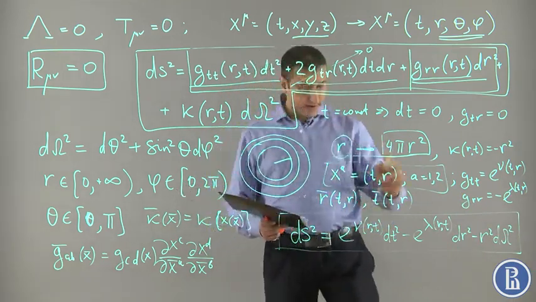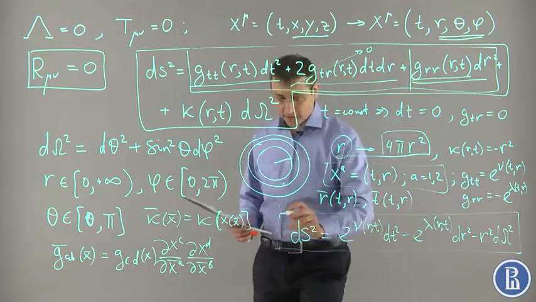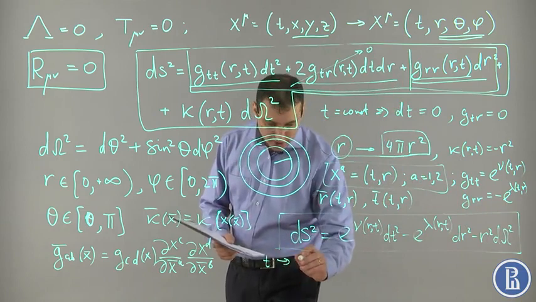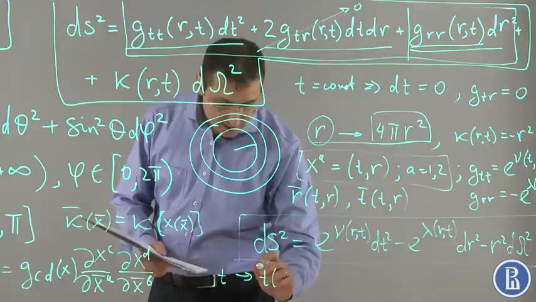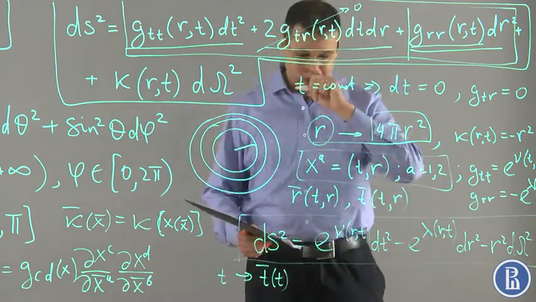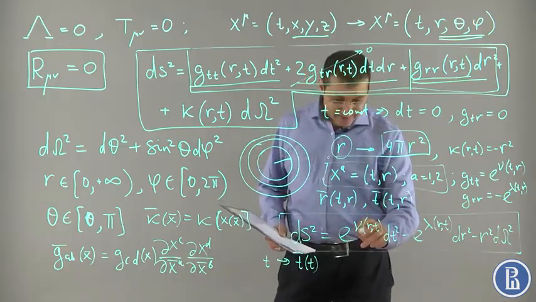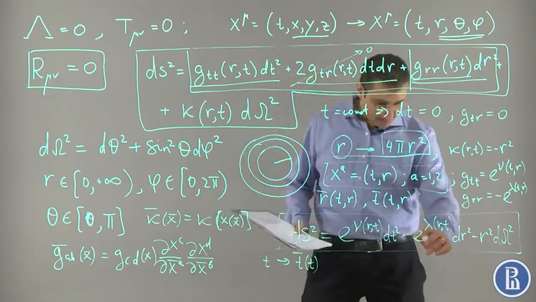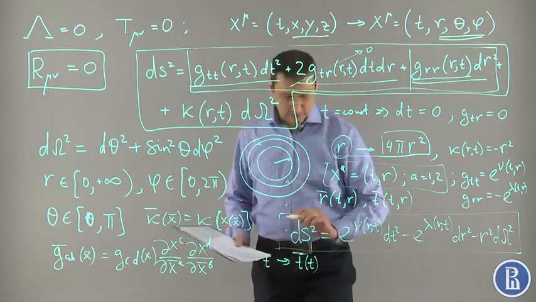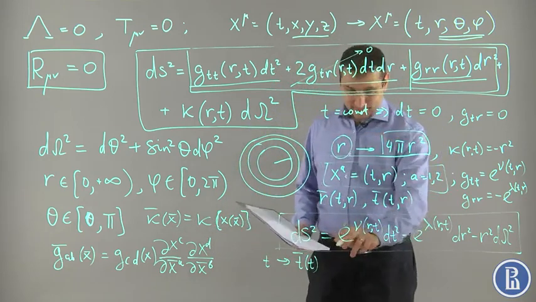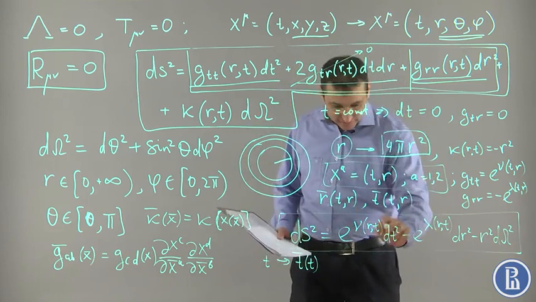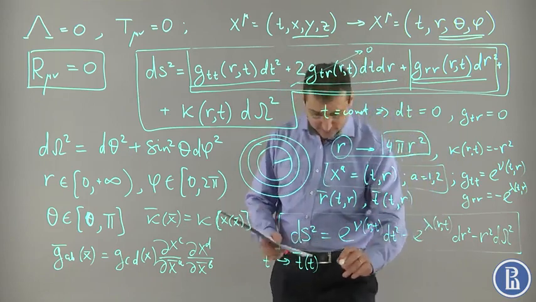But let us stress that this metric is still invariant under the remaining transformation, so we can change t to t bar, which is a function of the original t, so we can change this coordinate. But we want to respect spherical symmetry, so we don't want to touch this part of the metric. That's the reason we transform only time. So this part is changed, but then we can shift this part as follows.